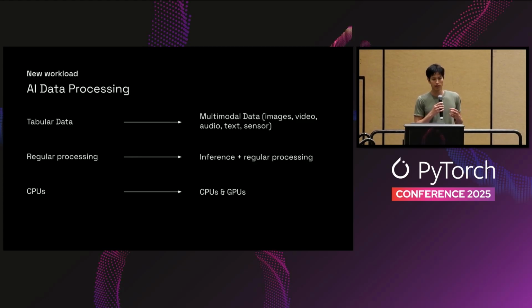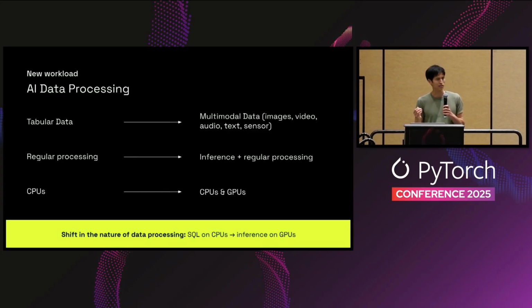They were designed for more SQL-like queries, more simple analytics, and often more for tabular data. And so the shift now, if we were to summarize it in one sentence, is from doing SQL on CPUs with tabular data to doing inference on GPUs with multimodal data. And that's a pretty big shift.